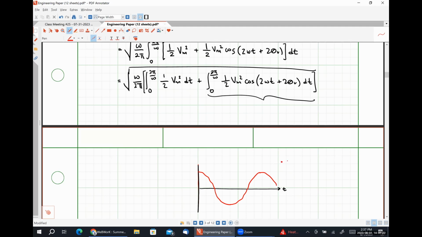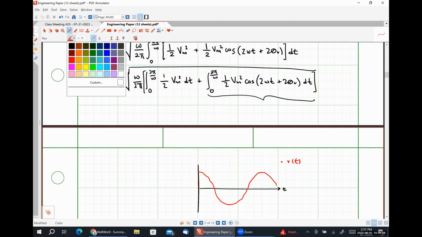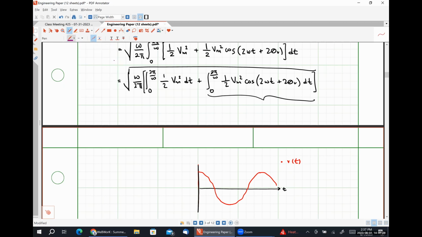So this red dot represents v of t. This purple thing is going to be this bit right here, which I'm just going to call this PAC of t just so that I have a label for it.